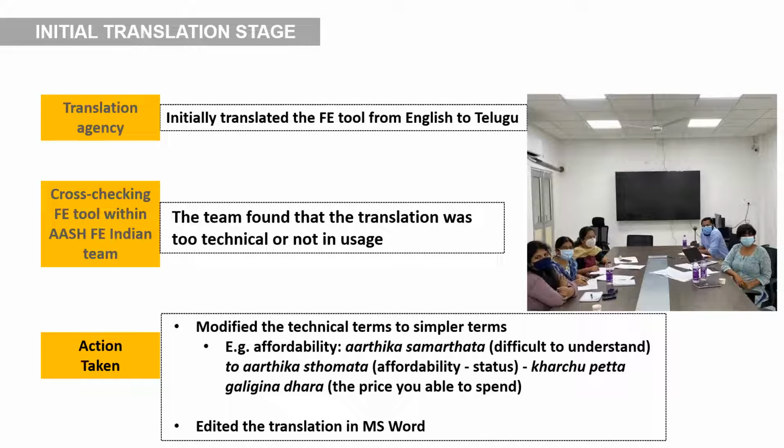Arthika Samarthata is what we call it in Telugu, which is very difficult for local people to understand. So we brought it down to simpler language like Kharchu Pettagalgina Dhara, which means the price you are able to spend. So the entire questionnaire, with many modifications, was translated in MS Word.